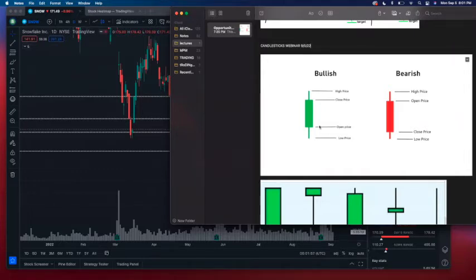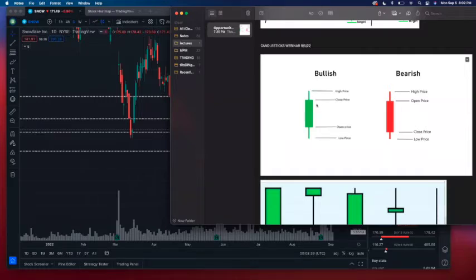There's the open price on the green candles, which is the lower part of this body here. This is considered the body of the candle. When price goes down, it'll show a red candle and have an open price and a closed price. These wicks will show how low the price actually went and how high the price went.